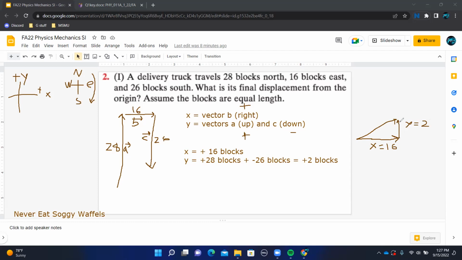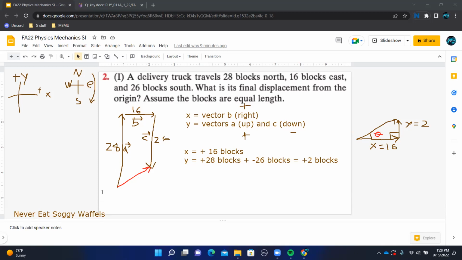And so this is a tail to tip addition method. And because we have it in the x and the y, that's 90 degrees. Then this is the angle you're trying to solve for. I'll do a little theta in red. And then, right, we can also draw that as a resultant vector right here.